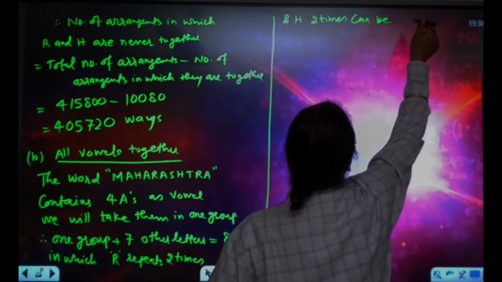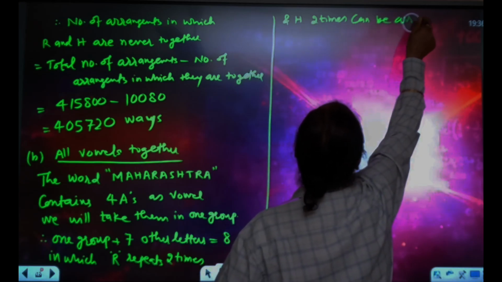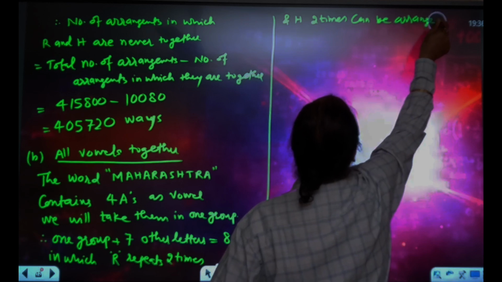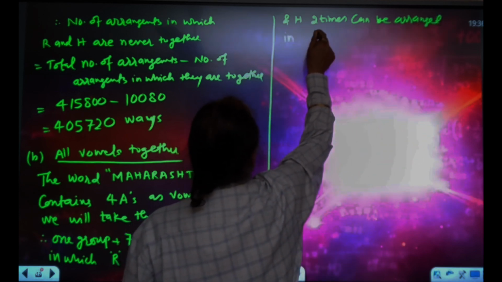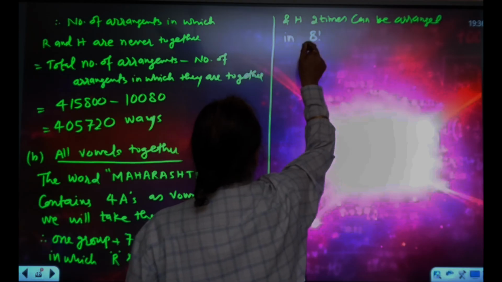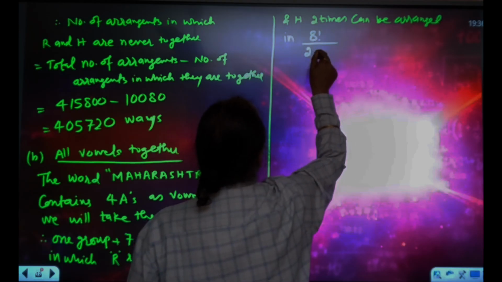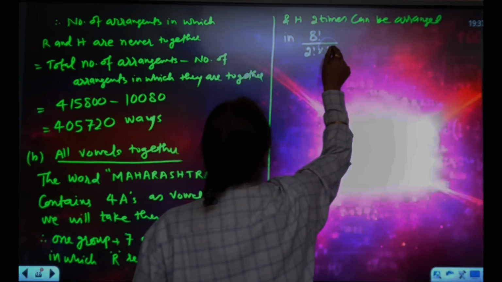This can be arranged in 8 factorial upon 2 factorial into 2 factorial ways.